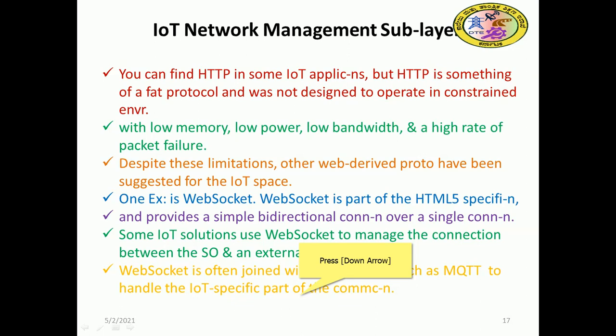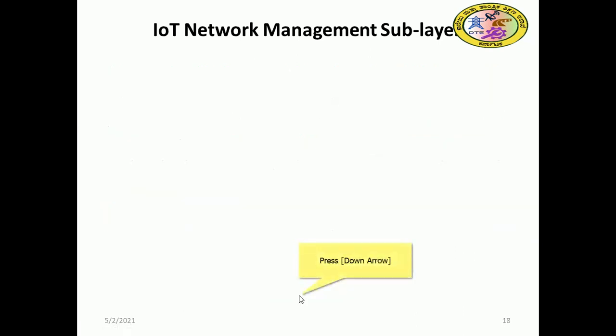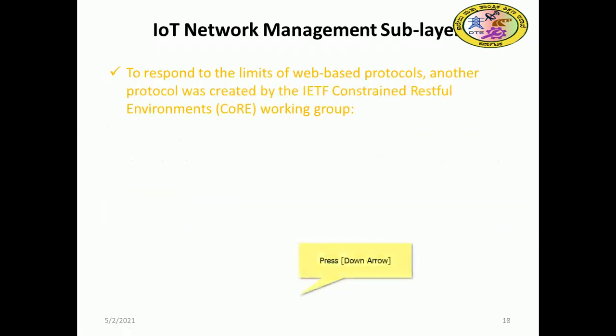So the specific part of the communication can also be handled by the amalgamated protocols, WebSocket and MQTT. To respond to the limits of the web-based protocols, a different type of protocol was created, that is called IETF Constrained RESTful Environments.